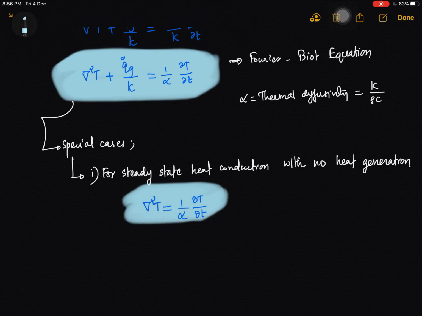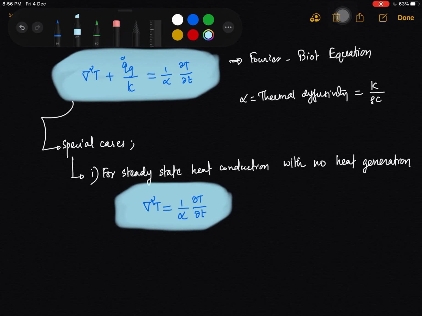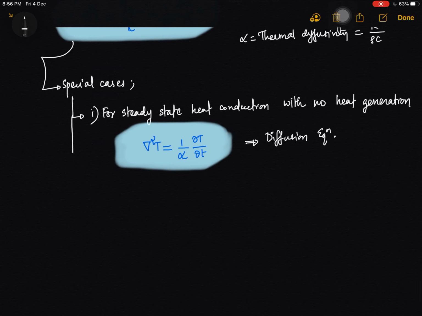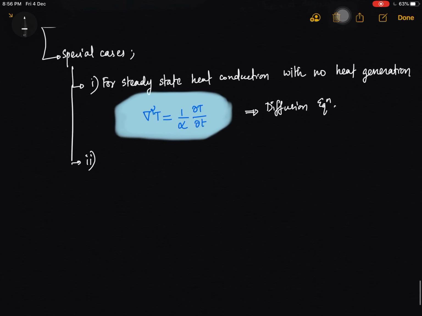So the Fourier-Biot equation is reduced into this form, and this equation is called the diffusion equation.